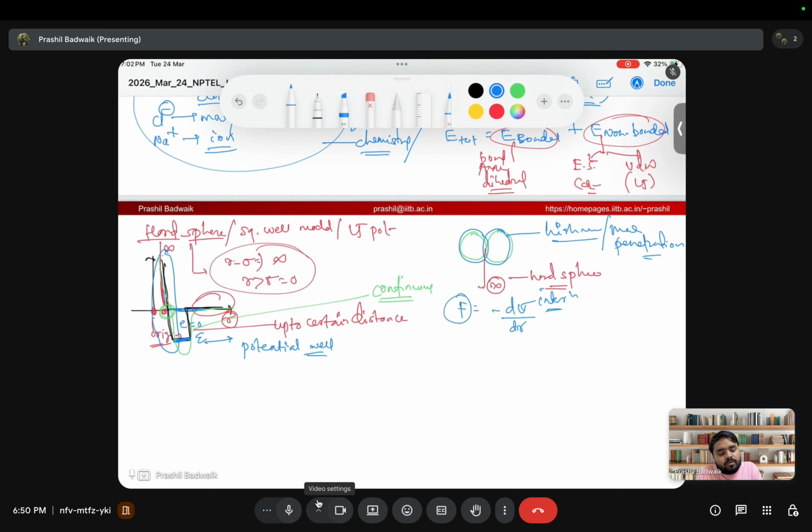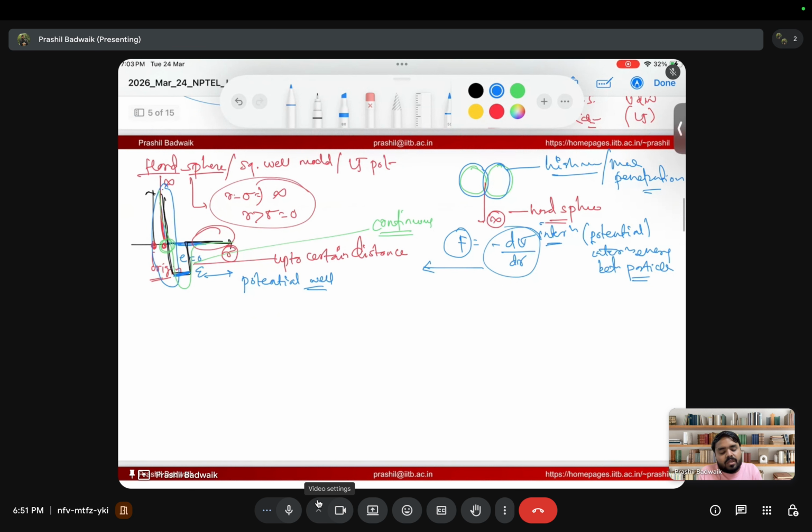So this U, which is called the potential, gives you the interaction energy between particles. The interaction energy between particles has to be a continuous function to get the derivative.